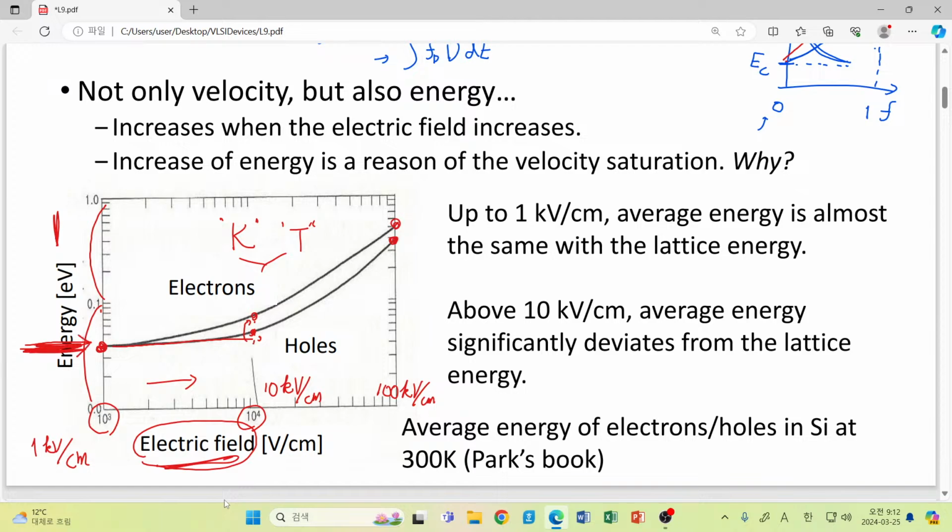This one corresponds to just orders of kBT, which is just 25 milli electron volt. However, if we accelerate our electrons, then they can have a much higher energy than that.